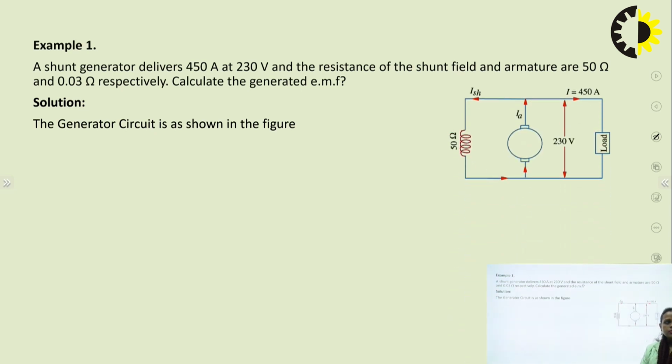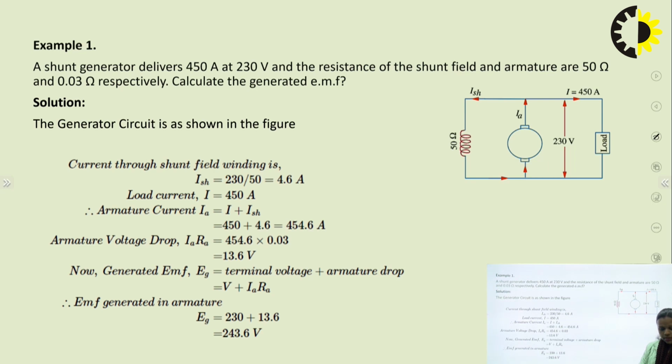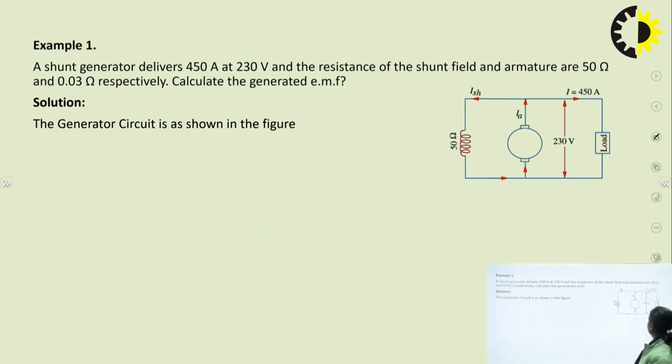This is a shunt generator. The shunt field winding resistance is 50 ohm, and IL is 450 ampere. So here we have to calculate the generated EMF.